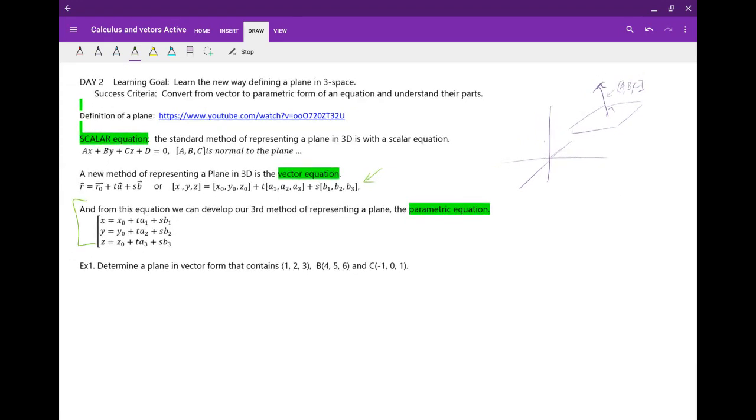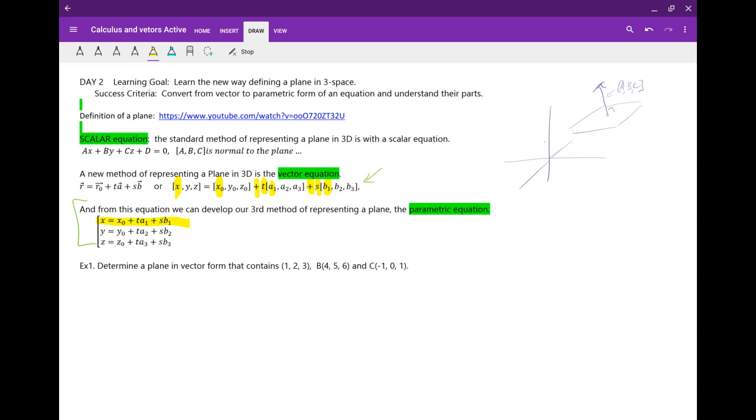Anyway, you can always turn the vector equation into the parametric equation, remember? Because how do we find the x coordinate? Well, you take the x and you add to it a times t, and then you add to it b times s. And there it is, there's the x component.